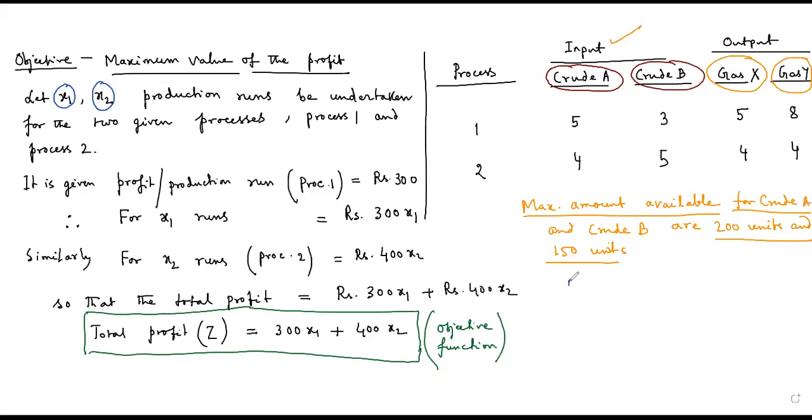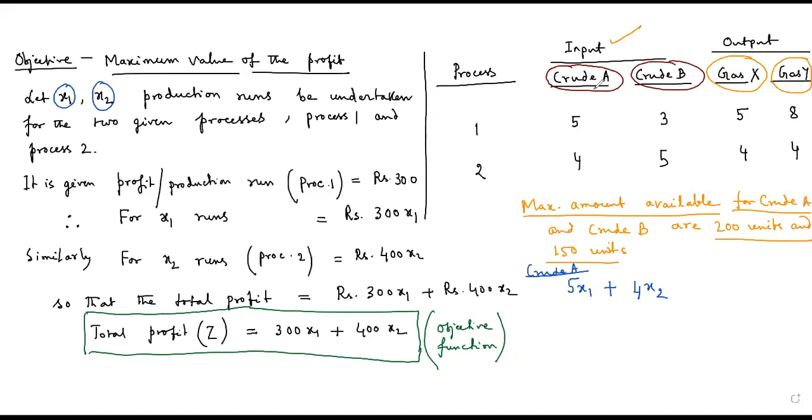So for crude A, with 5 units of crude A, the production run will be 5X1, and with 4 units of crude A, it is X2 production runs.